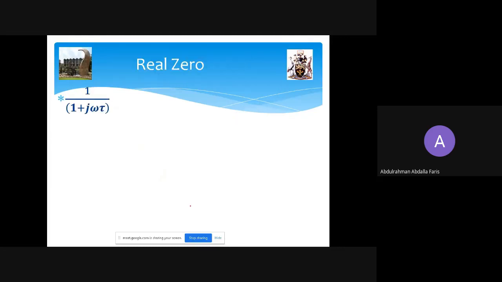For a real pole, if you apply the same principle, you'll have something like this, 0 dB going up to a point here, and then instead of going up, it will go down, minus 20 dB per decade.